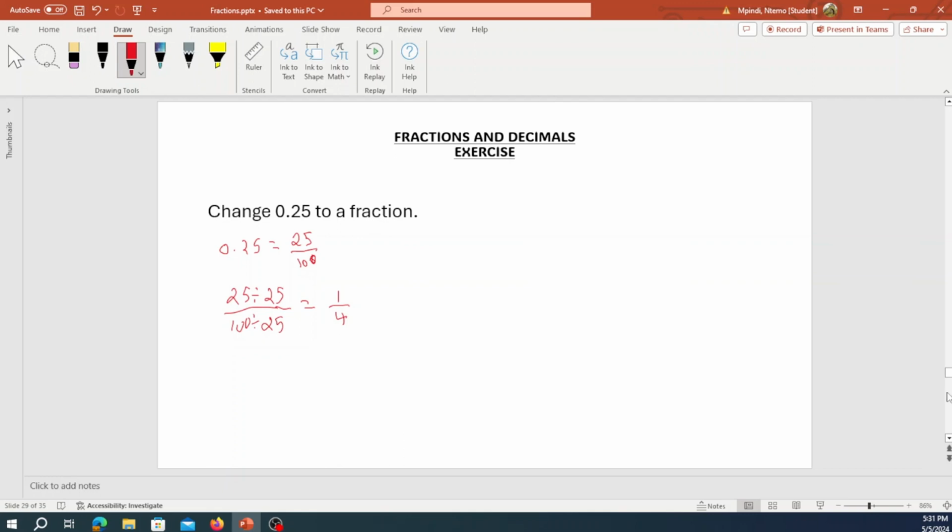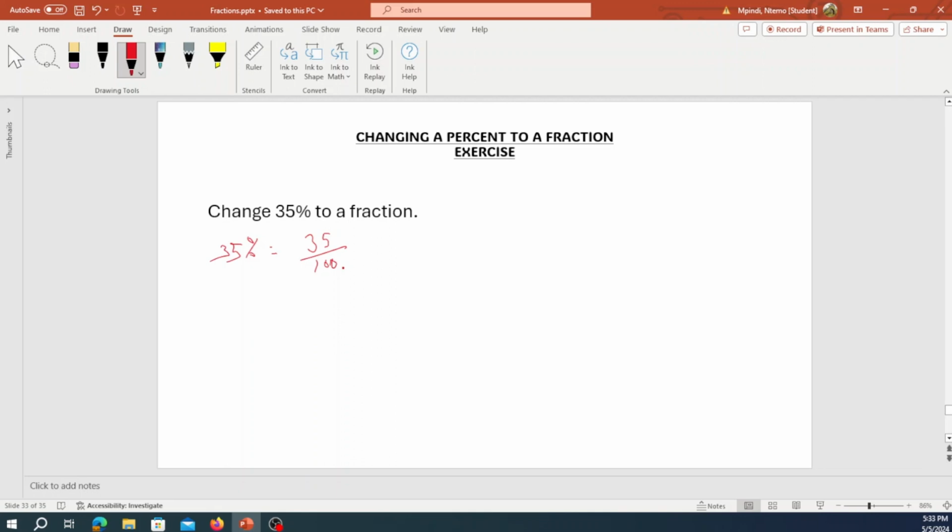So we're gonna move on to the next one. To change this percentage to a fraction, what needs to be done here? Okay, so we're gonna write this percent equal to 100.